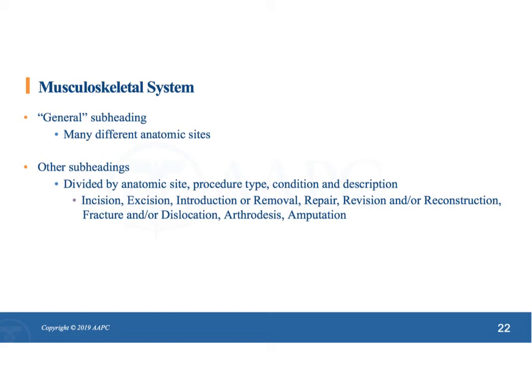As mentioned, the other subheadings are listed by anatomic site. The listings are also by the specific procedure and the condition. Orthopedic treatments are often performed in stages. Plates and screws may be placed for approximation and stabilization. They often will be removed at a later point when healing is at a point that this can be done.